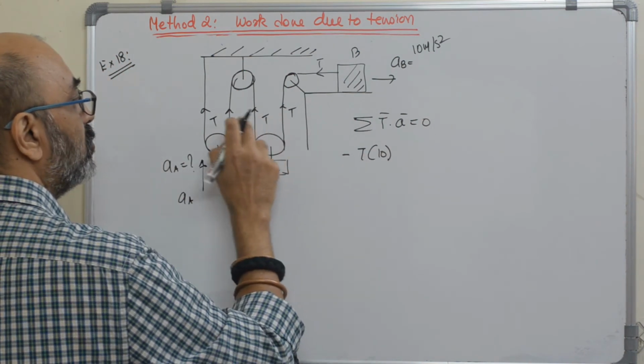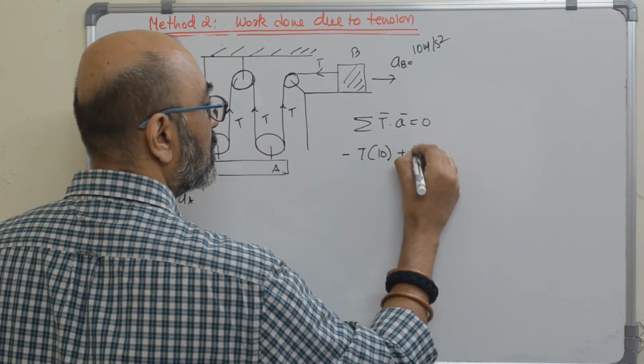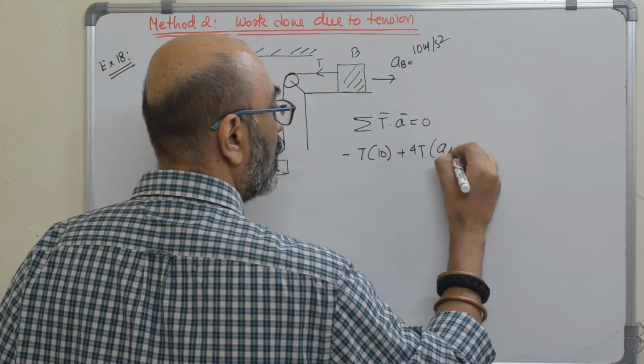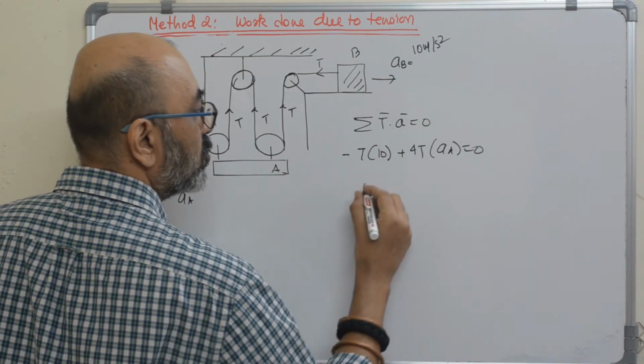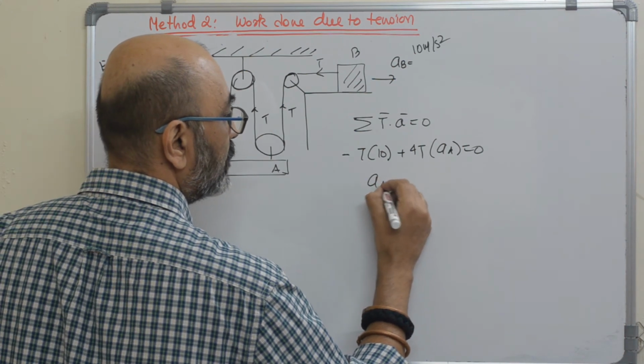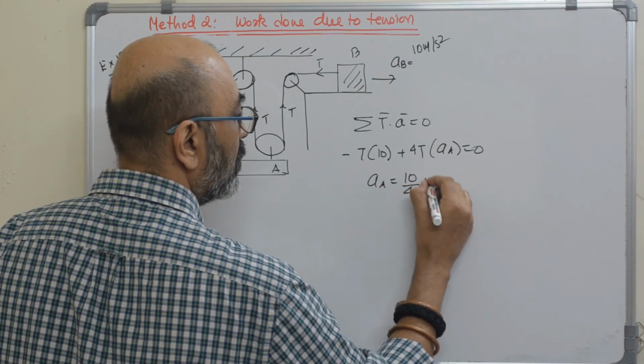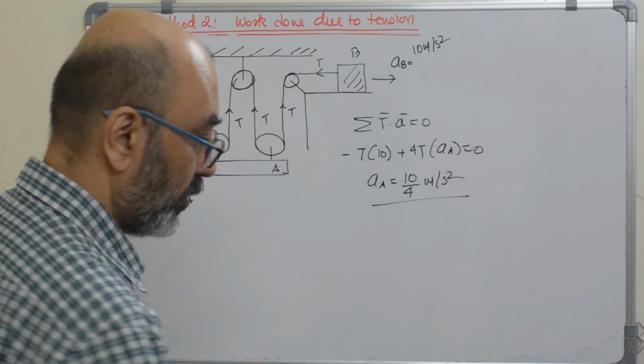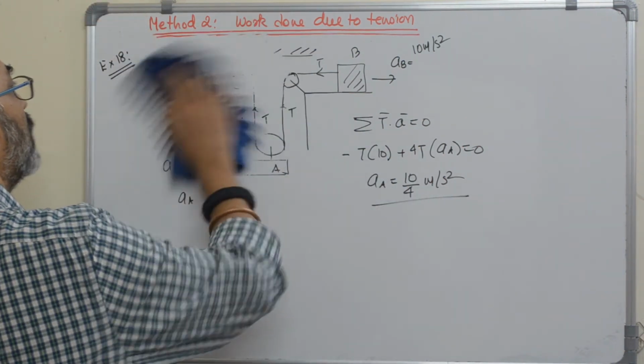A के लिए 1, 2, 3, 4. So we have plus 4T, acceleration in the same direction AA equal to 0. So we have AA as 10 by 4 meter per second square. ये हो गया 18.